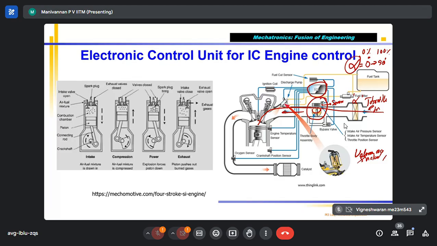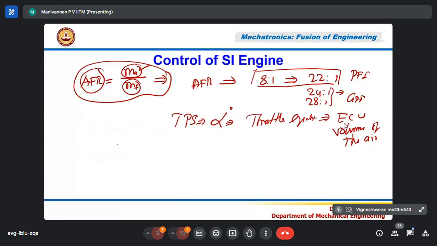Okay, fine. So the TPS sensor is nothing but a potentiometer, a very simple potentiometer. A potentiometer generally looks something like this. It will have 3 connectors, and one stem will be coming out.